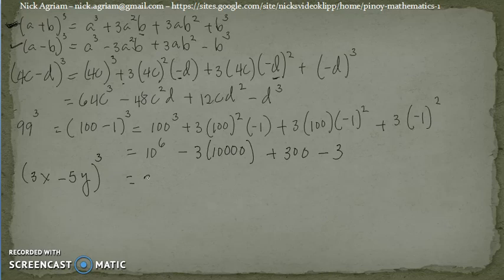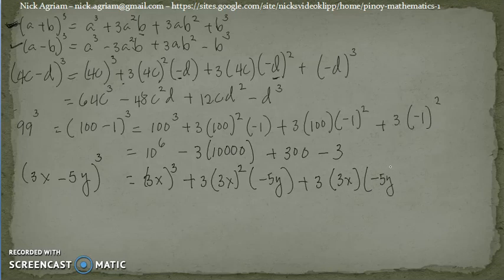We have the first term, 3x raised to the power of 3, and then the second term, 3 times the first term, 3x raised to the power of 2, multiplied by negative 5y. And then the third term now is plus 3 multiplied by the first term, 3x, multiplied by negative 5y, the square of that, raised to the power of 2, and then plus the last term. Now we have negative 5y raised to the power of 3.